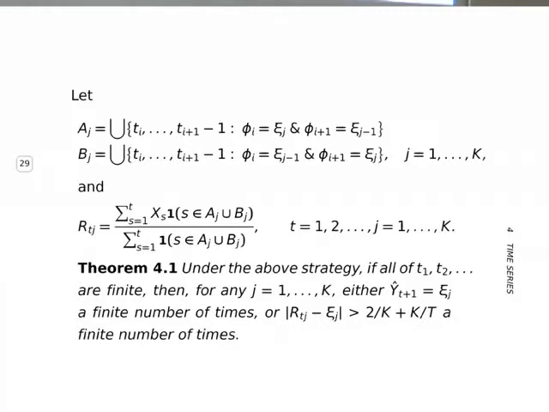Here it is written technically, though I don't think it's important, that under the above strategy, the distance between the true mean and the estimator would be pretty small. K is a large number, t is much larger than k, so everything here is very small. So usually my prediction is very close to the true mean.